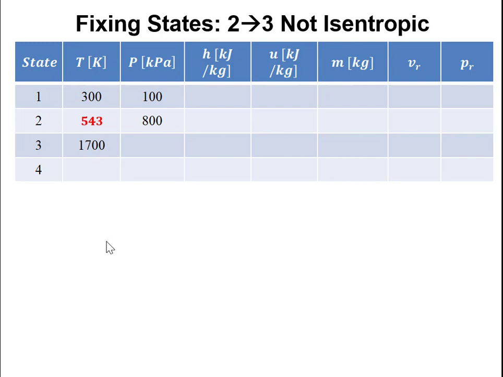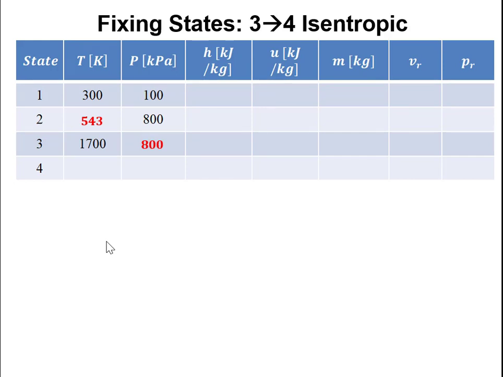As I move from state 2 to state 3, it's nice because I already know the temperature at state 3, but I need to know the pressure here to complete my state table. But here, the pressure is constant as we move through the combustor, which is the process that's happening between state 2 and state 3. So my pressure stays at 800. Now I have to go between state 3 and state 4.